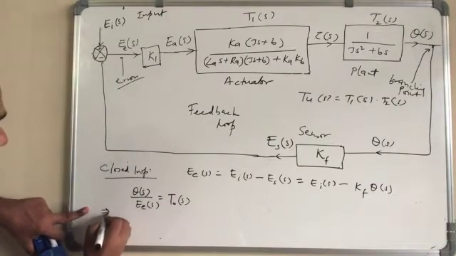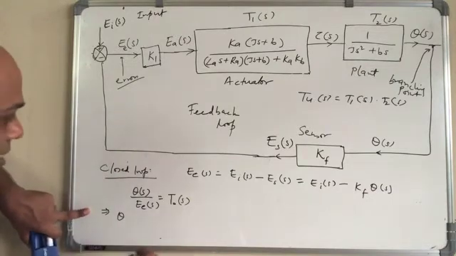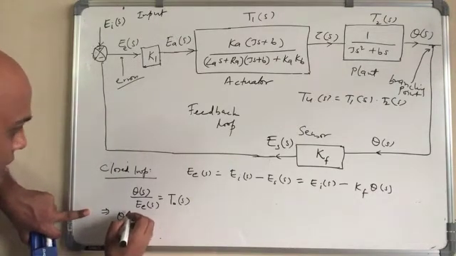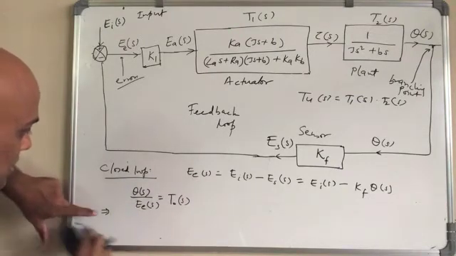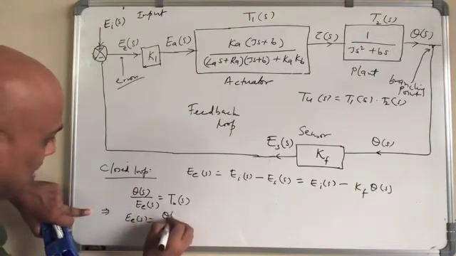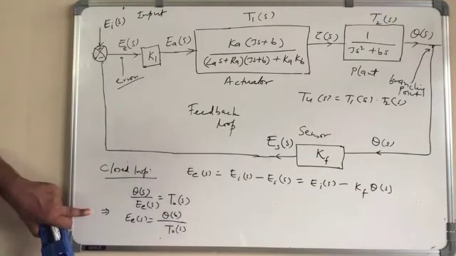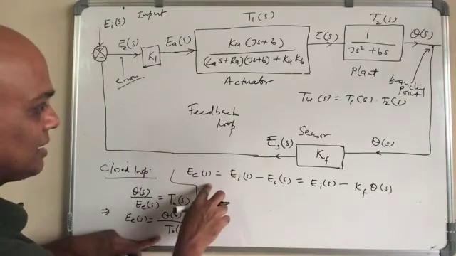And hence EES is equal to theta S divided by T naught S, right? So we can write the same thing here.